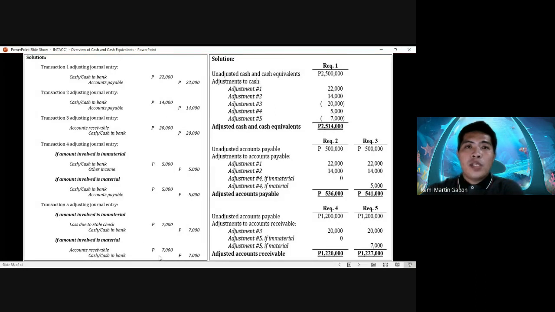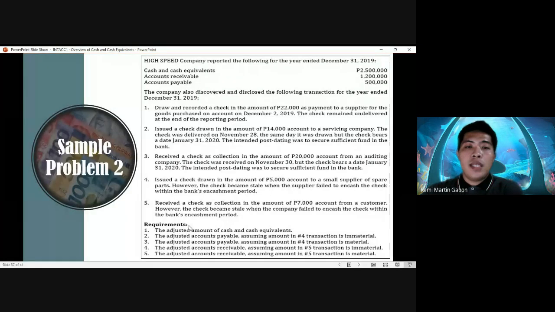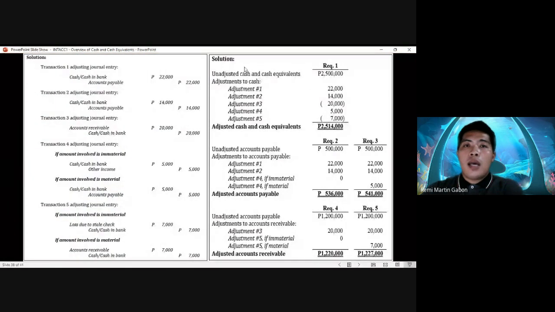Okay? So to answer the requirements, for requirement 1, this is our solution. The adjusted amount of 2,500,000 is adjusted by the amounts from transactions 1 to 5.